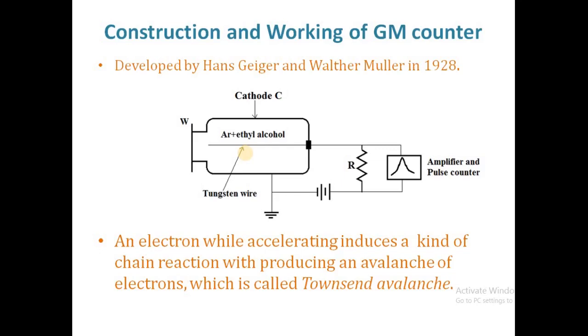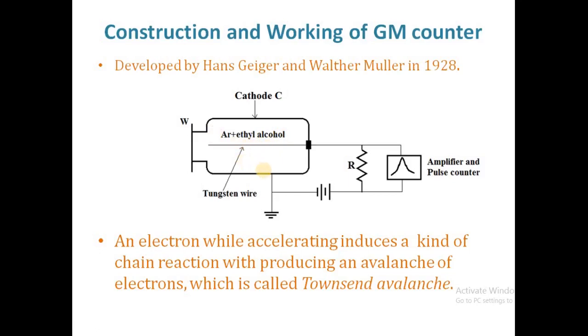As these charged particles are subjected to an electric field inside the GM tube, they are attracted towards the respective electrodes. That is, the electrons are attracted towards the central tungsten wire and the positive ions are attracted towards the cathode, that is the metallic chamber.